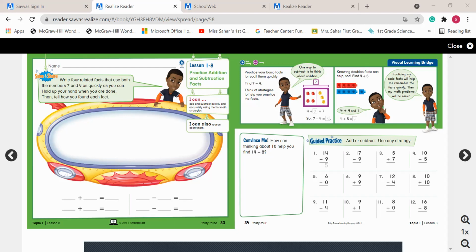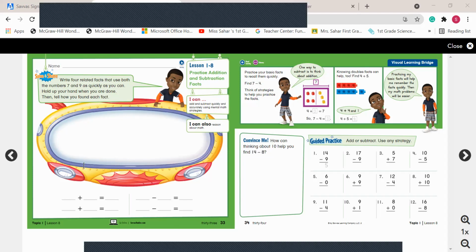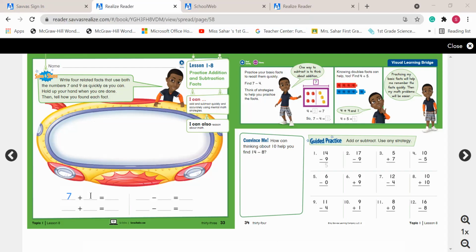So let's see what we can use for this one. I have 7 and 9. I have my symbols here. So 7, and then 9. I can draw if I want to.